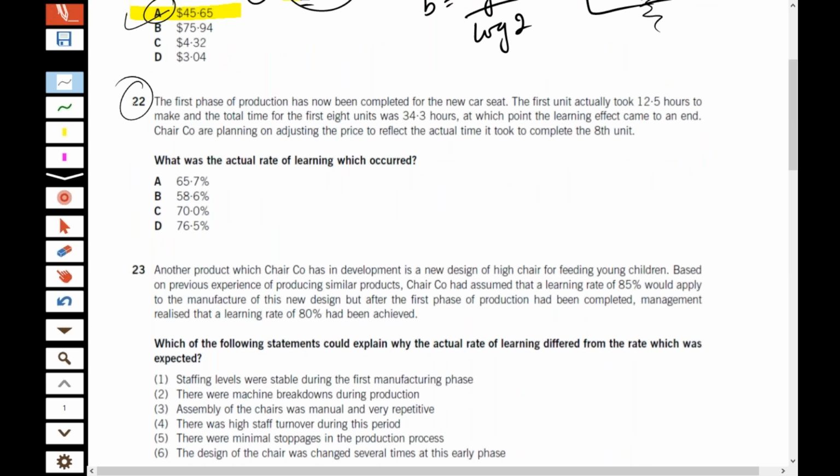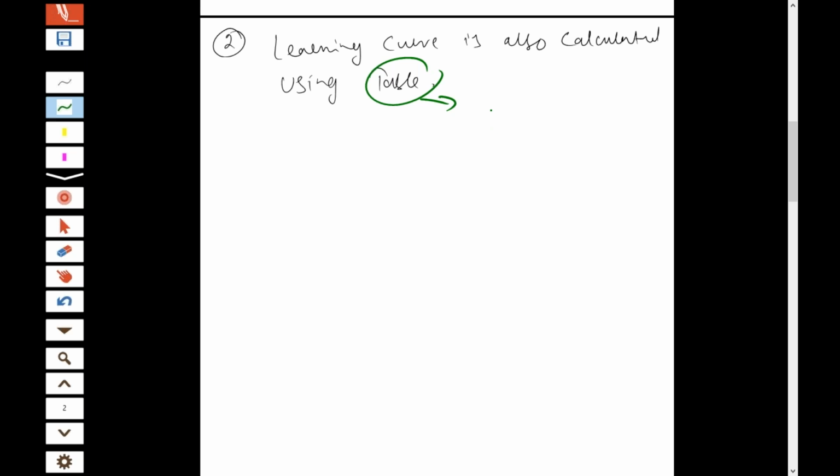Now students, question number 22. The first phase of production has now been completed for the new car seat. The first unit actually took 12.5 hours. Now see, the learning curve is also calculated using a table.